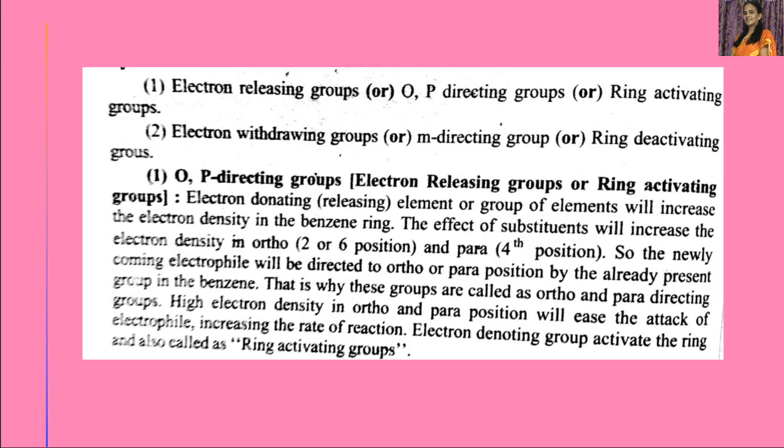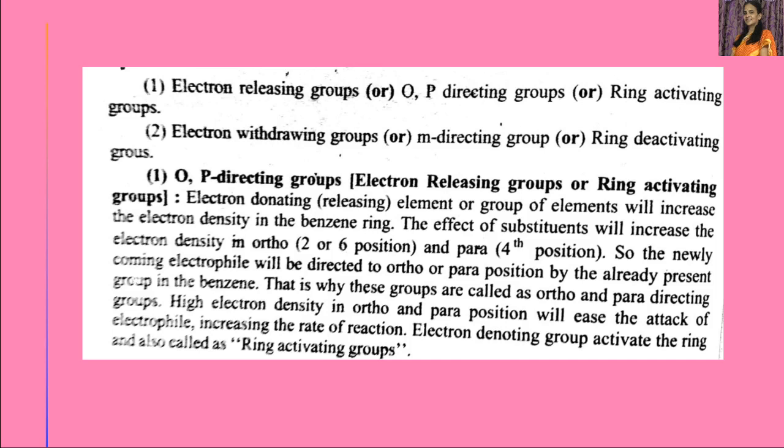This is one type of group we come across. The second type is electron withdrawing groups. Electron withdrawing groups are meta-directing groups and deactivating groups. So there are two types of groups we consider.